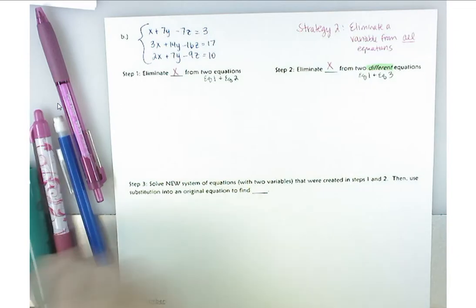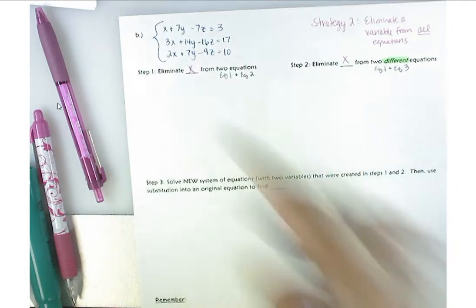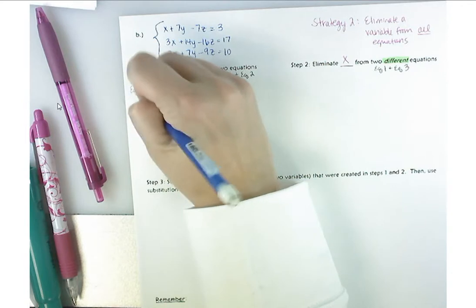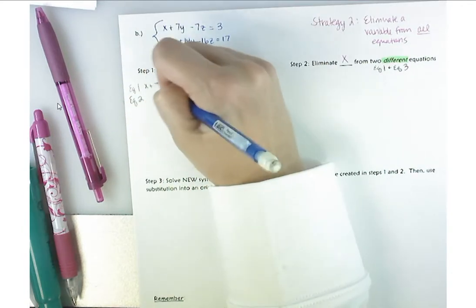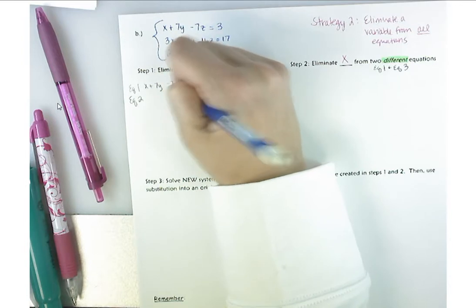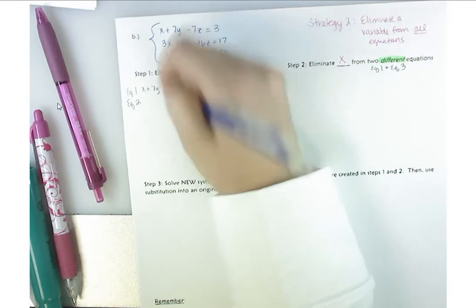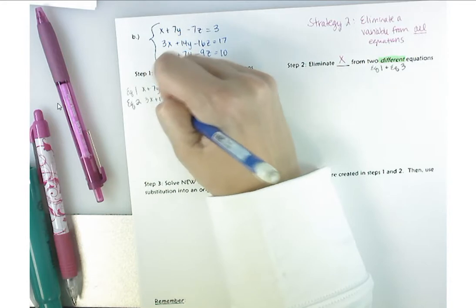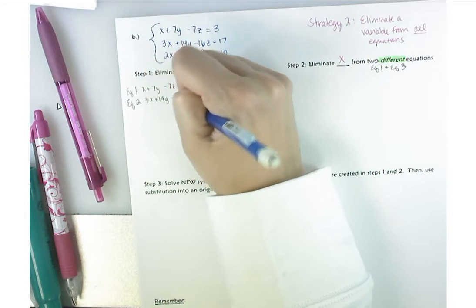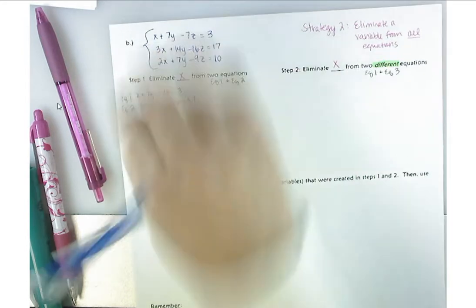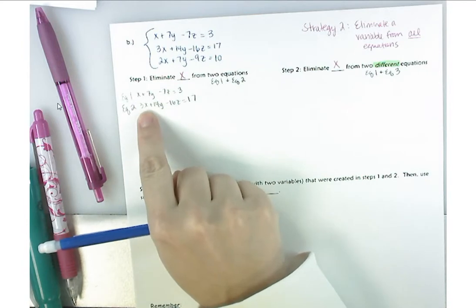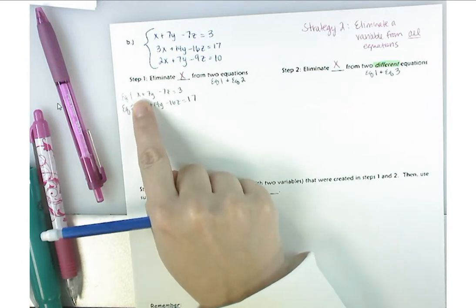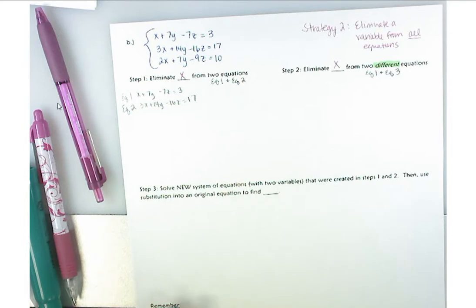Alright, so if I'm going to eliminate x from the first 2 equations, let's look at what I got. So I have x plus 7y minus 7z equals 3, and 3x plus 14y minus 16z equals 17. So because I've chosen to eliminate the x's, if this is 3x, what do I want this coefficient to be? Negative 3.